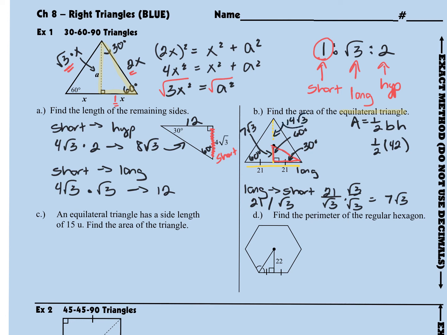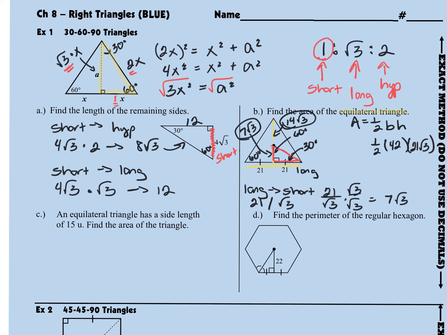So I'm going to take this piece and this piece and add them together for the height of my triangle of 21 radical 3. Now, a little side note, if you remember this from your chapter 5, in an equilateral triangle, this point is the median. The median is going to divide this segment in a ratio of 1 to 2. So sure enough, we have our 7 radical 3 and our 14 radical 3.